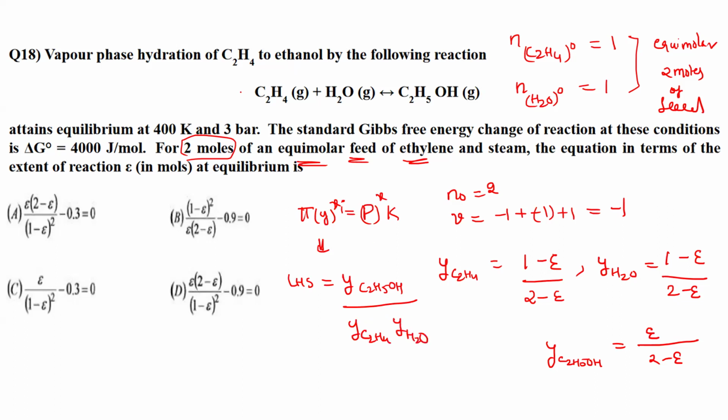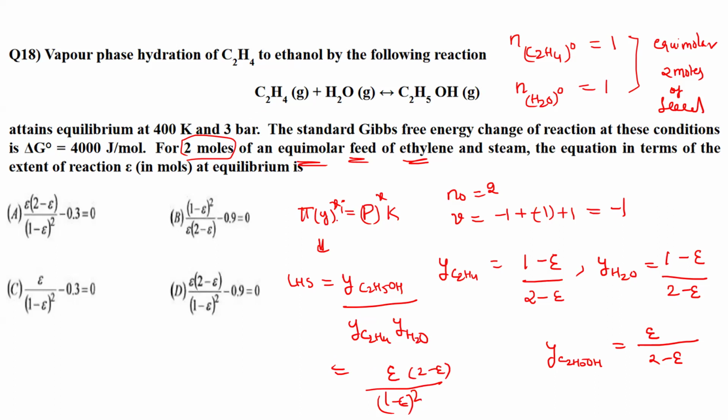See, if it is this 2 here, then here y of C2H4 squared will come. Okay, I think I'm making it clear. Equals epsilon into 2 minus epsilon by 1 minus epsilon squared. Okay, this is the LHS.